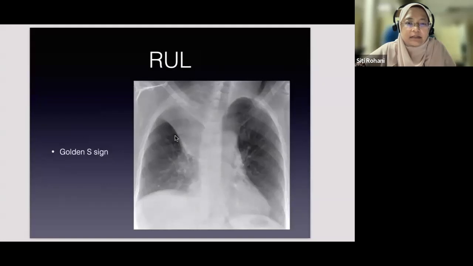So this is total right upper lobe collapse. In this case, you can appreciate the golden S sign, this reverse S bounded by this fissure and towards the hilum. So most likely there's a mass in the hilum that caused the right upper lobe collapse.